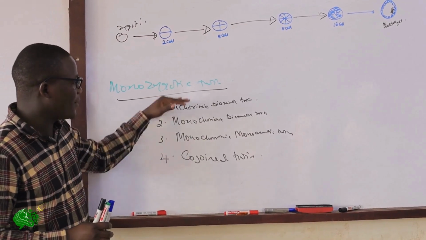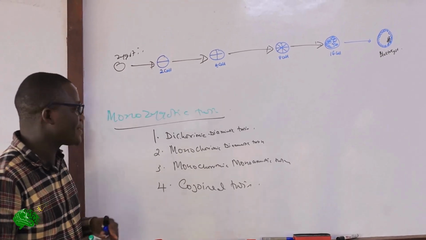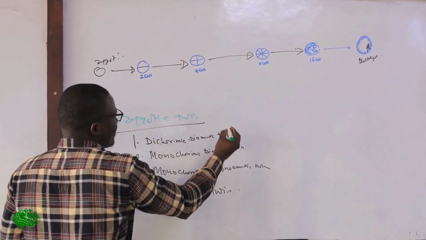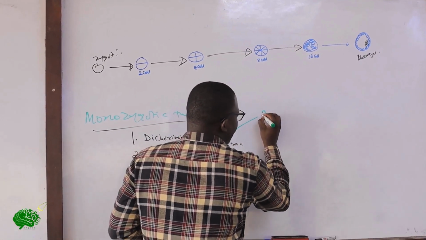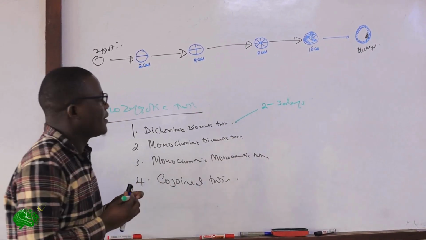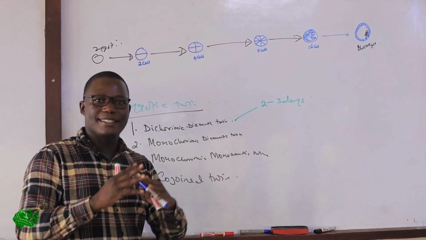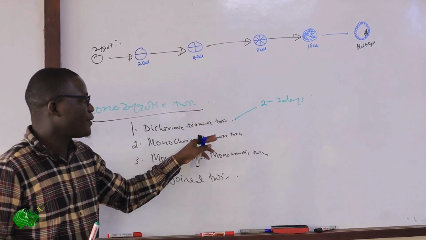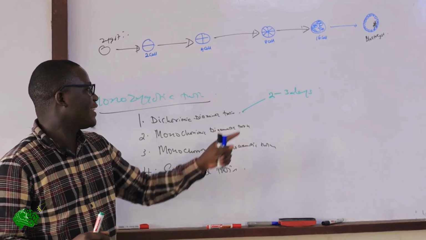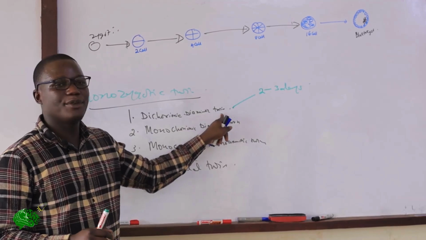So how do you differentiate, or how do I tell which is which? Now, when splitting of this embryo occurs much earlier during the process of cleavage, the splitting can occur within the first 2 to 3 days after fertilization. Within the first 2 to 3 days, the embryo will completely separate, and this embryo will form different placentas and different amniotic sacs. And that kind of twin, we term them as dichorionic, diamniotic twins.